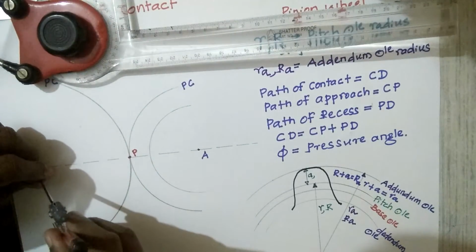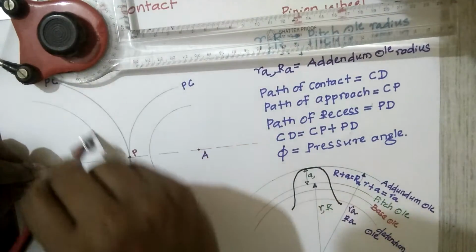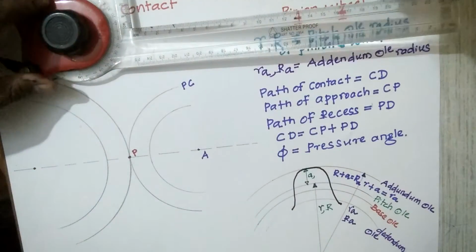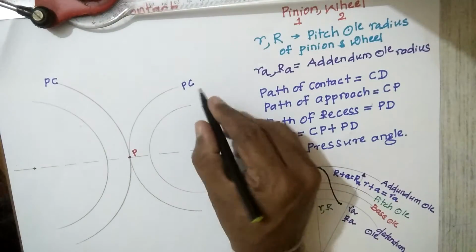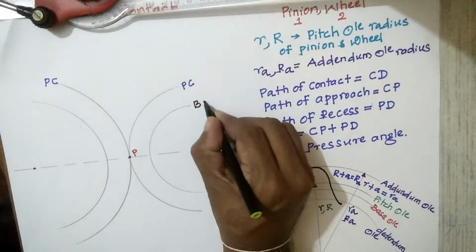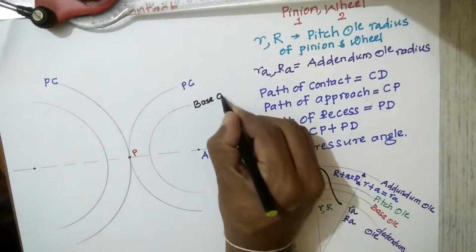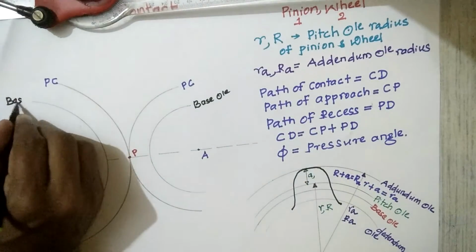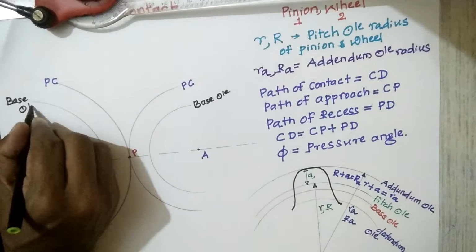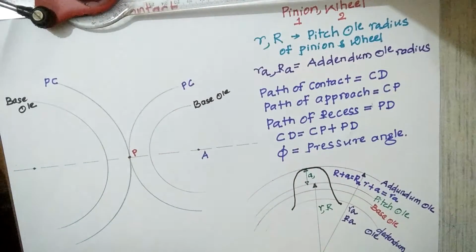Dimension is not important here. This is the base circle, and here also a base circle. I hope you got it.